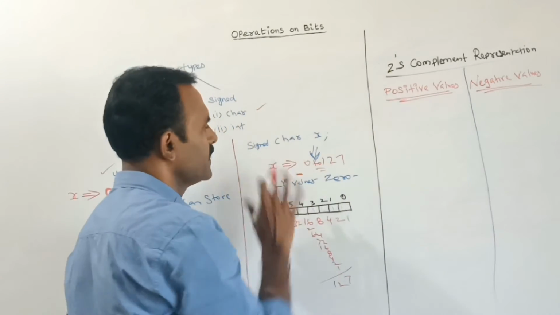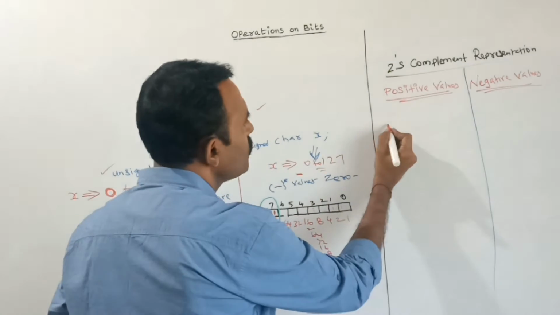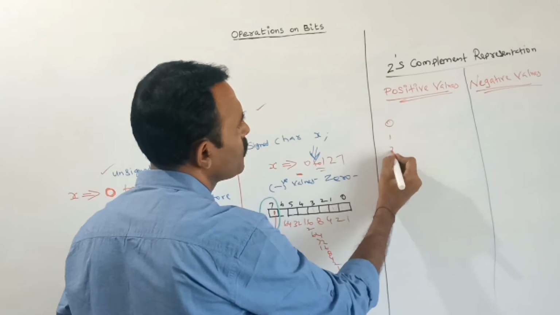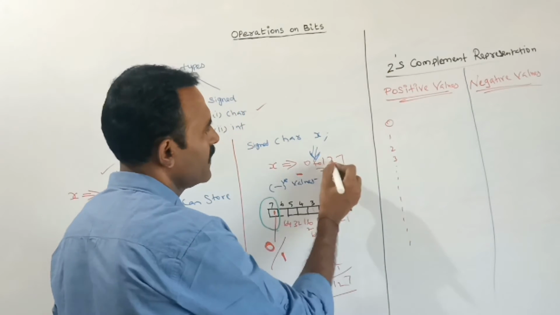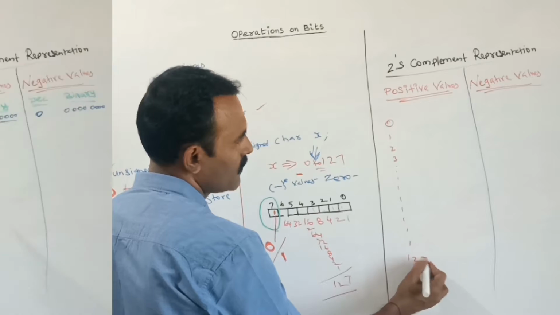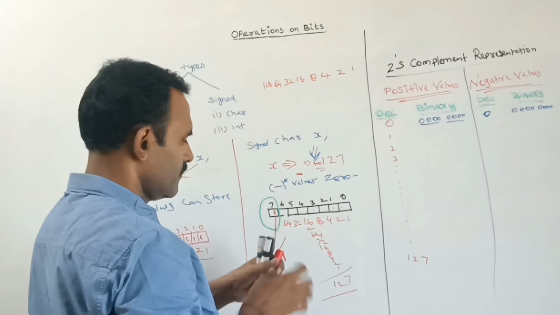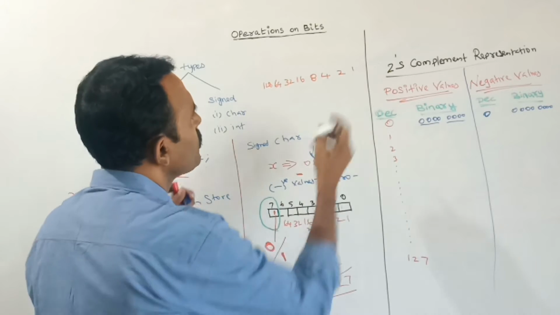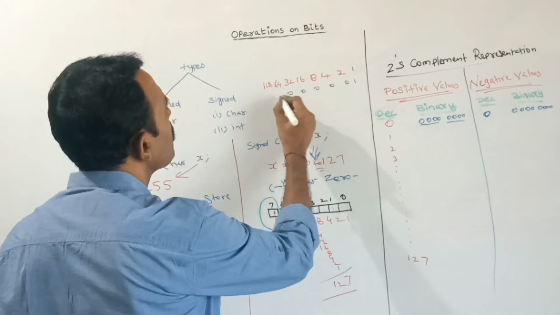So for the signed character, here positive value, 0 to how much can we give? 1, 2, 3, etc., up to a maximum value of 127. See, for the binary value of 1, this digit value is 1 and every remaining digit is 0. This is the binary value of 1.